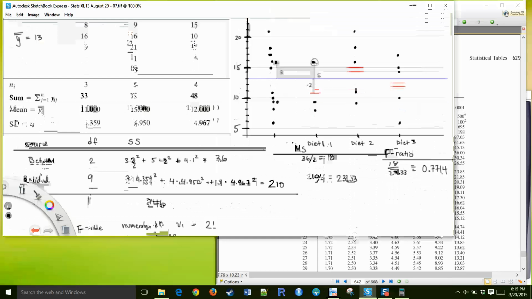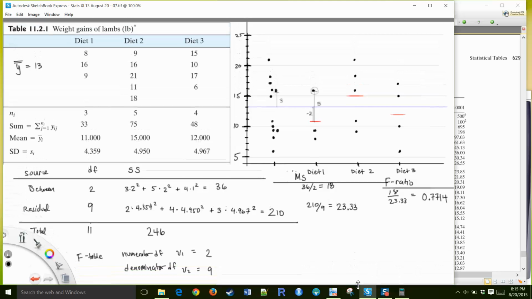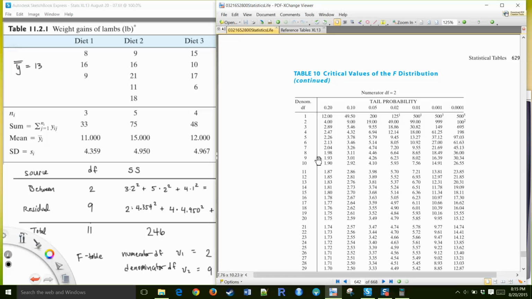Because, again, my F is equal to 0.7714, which is smaller than 1.93.